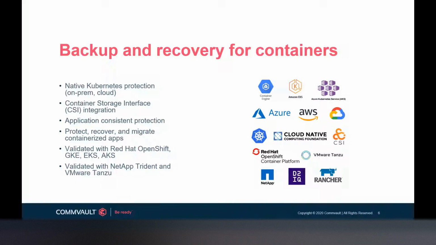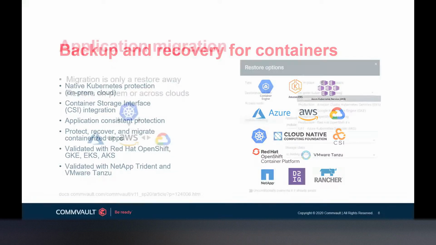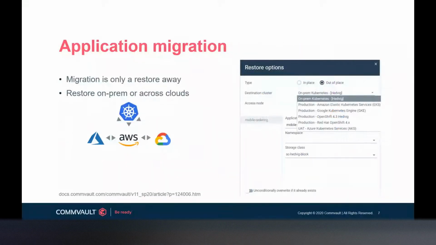The key thing that is crucial is the container platform needs to use the CSI interface. It's called the Container Storage Interface. It's an abstraction layer so that you can snapshot the volume containing the data. And because it's a universal agent for different Kubernetes platforms, we are providing a way to migrate the data between the different platforms.